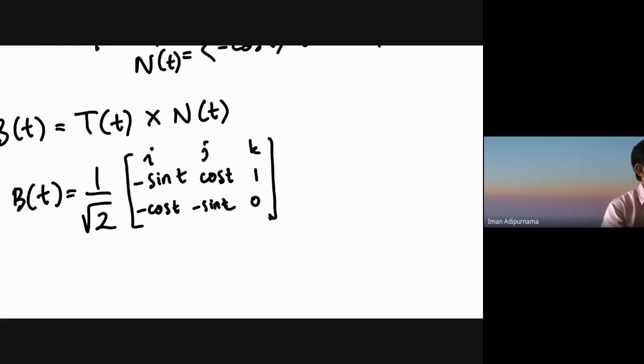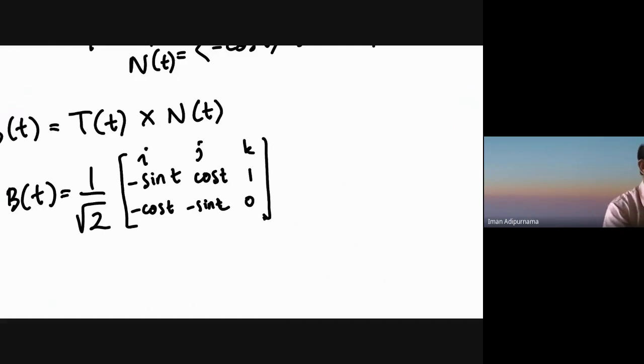Okay, you can use the determinants. Usually, I'm using this. So I'm writing another i, j, and then write another sign.